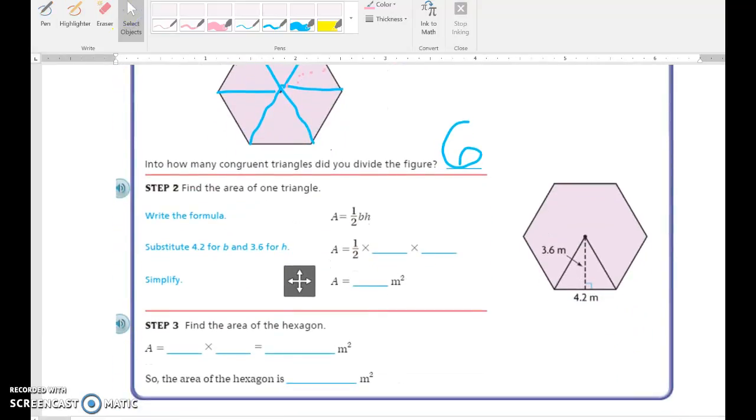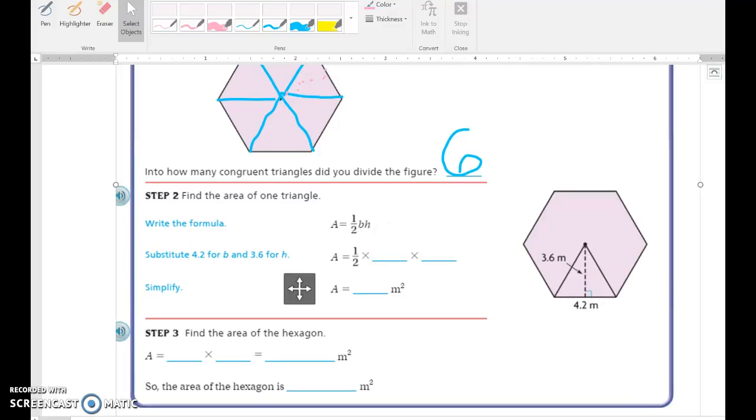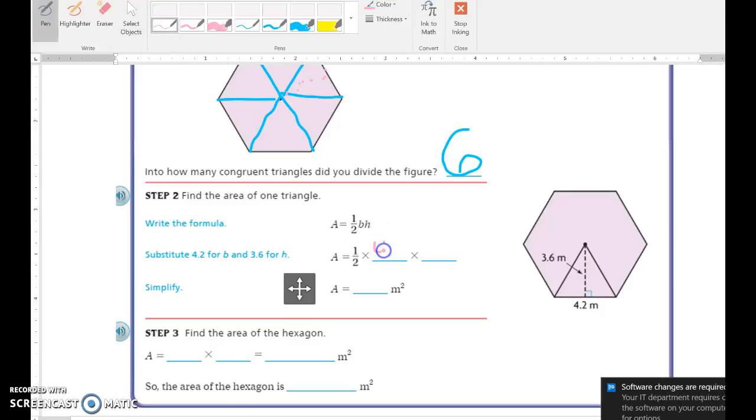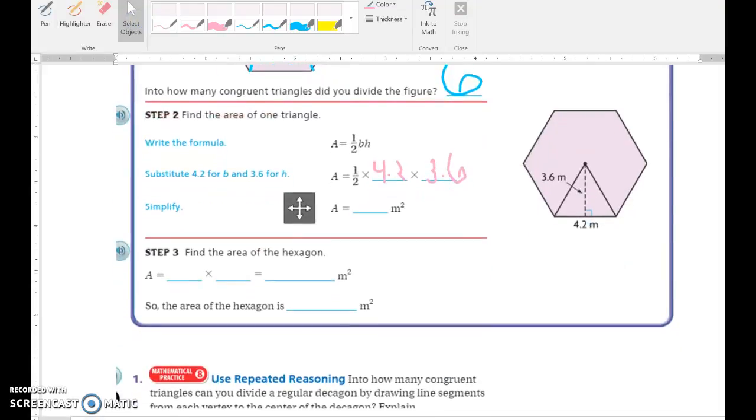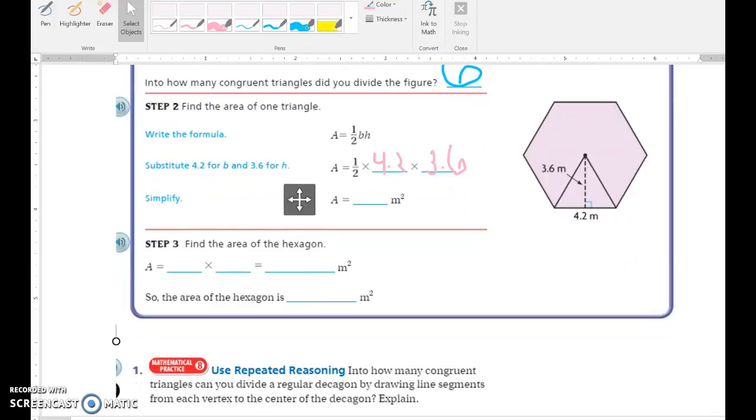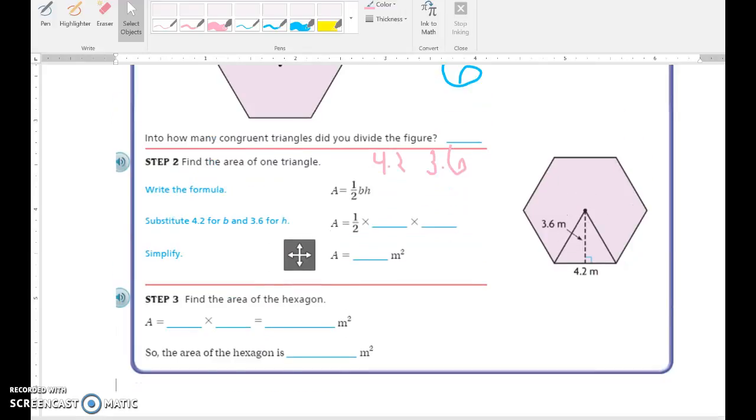So they have to tell us, we've got our unpleasant decimals, but we can handle them. We've got our side length of 4.2. We have our height of 3.6, okay? So we have 6 congruent triangles, and we're going to find the area of one triangle first.